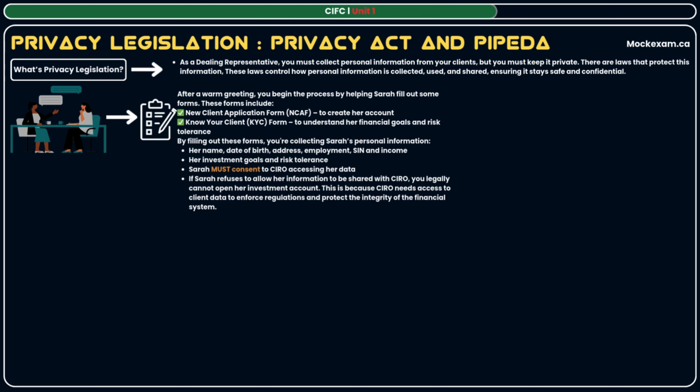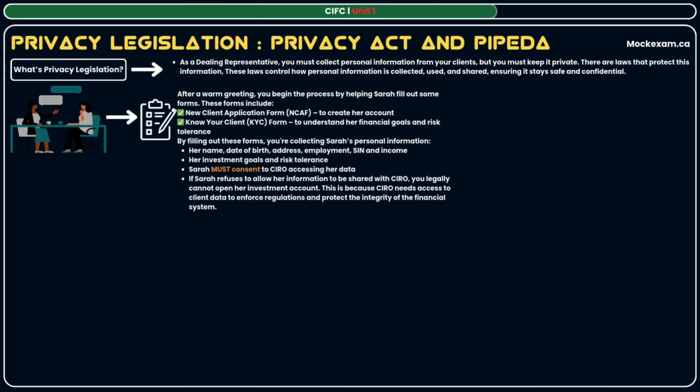Actually, these two are not separate forms. In some institutions, these two are just one form, okay? Because these two forms have lots of overlapping items. So, by filling out these forms, what are you collecting from Sarah?